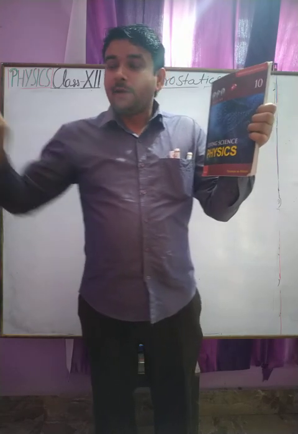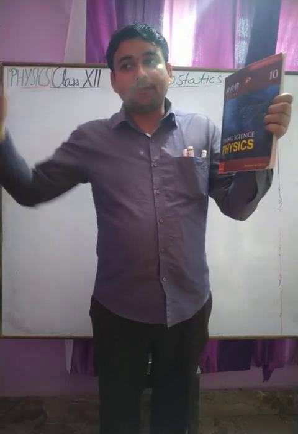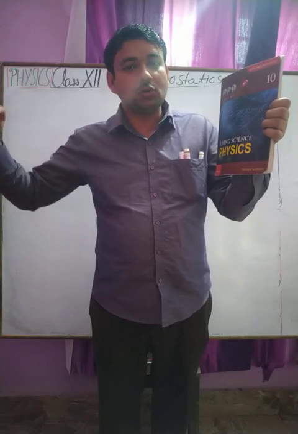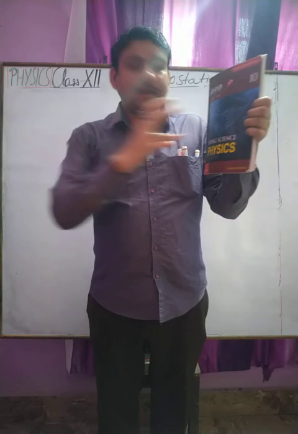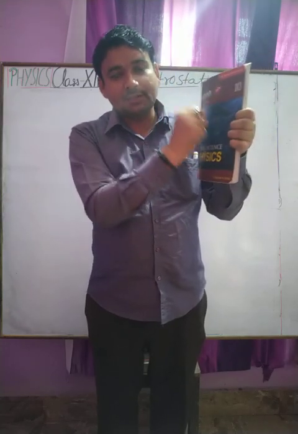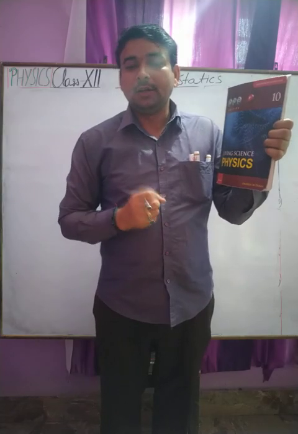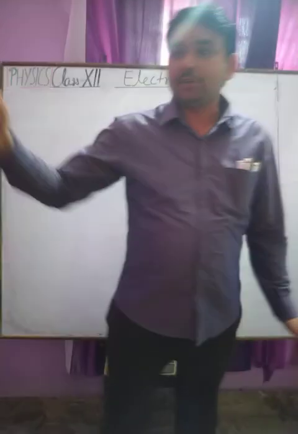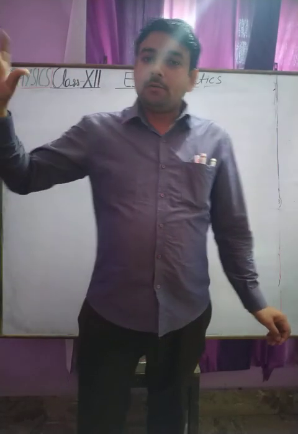So if we have different charges, higher or stronger charges, the electric field linked with the surface is also higher or stronger. Similarly, now we are taking the charge as constant.